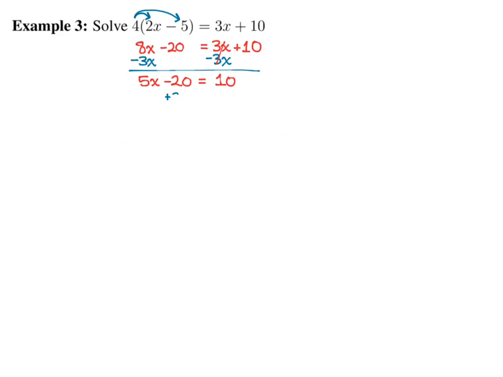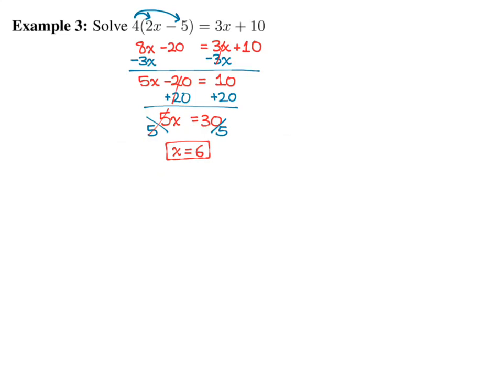Next bit, move the constant off of the other side. Since I moved the variables away from the right side, I'm moving the constant away from the left side of the equal sign by adding 20. So goodbye 20s. 5x equals 30. And then finally divide by 5 on each side. So x equals 6.